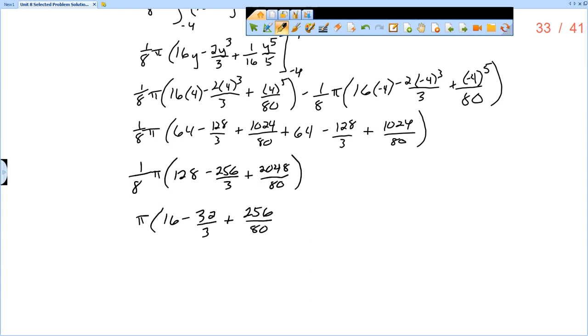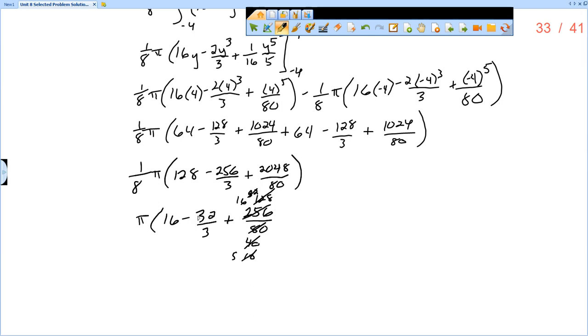That should reduce as well, since they're both even: 128 fortieths, and 128 is divisible by 4, so that's 32 tenths, which is 16 fifths.